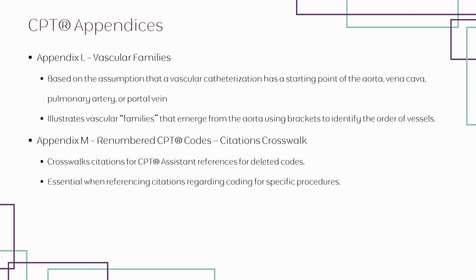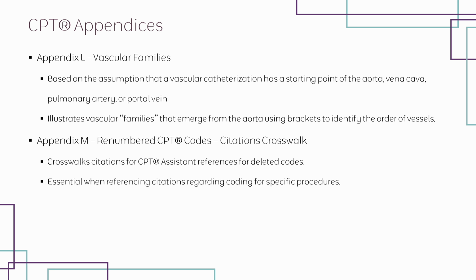Now, let's continue to Appendix M. Appendix M is a summary table that provides crosswalk information for deleted and renumbered CPT codes and their corresponding descriptors. This appendix is especially useful when you're researching code changes or reviewing citations and publications that refer to CPT codes from previous years.